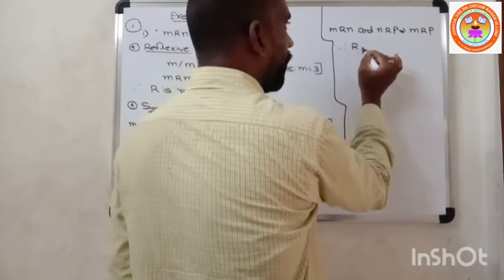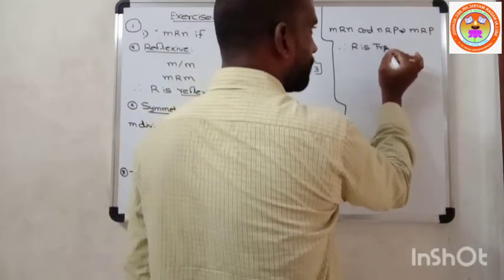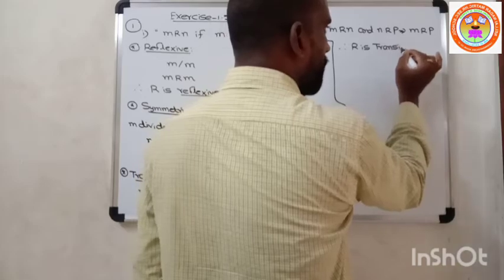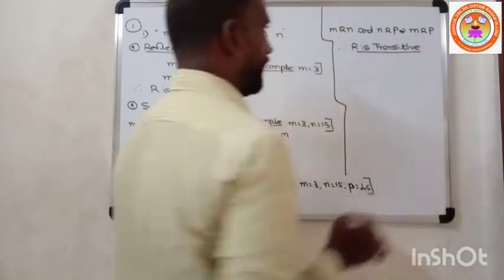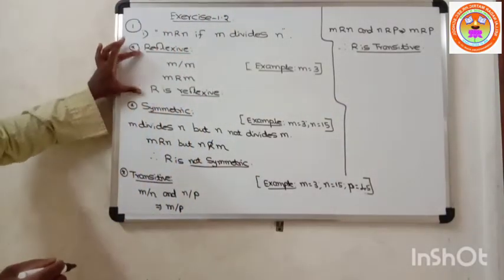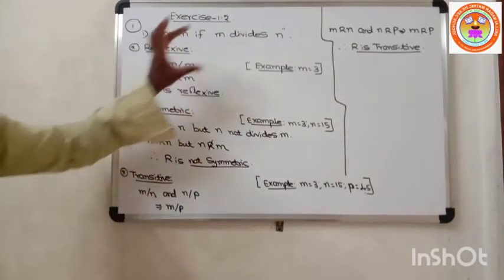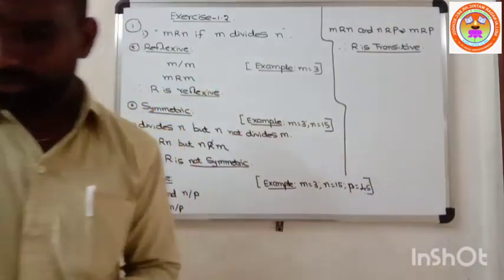Therefore, R is transitive. So reflexive, not symmetric, transitive.